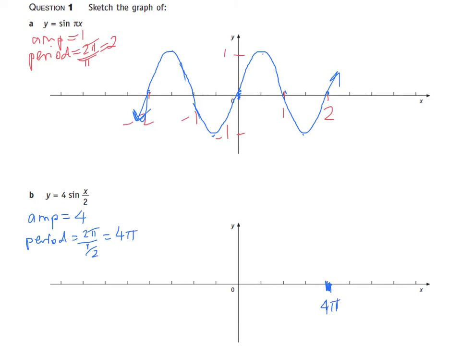That'll be our one period. Halfway will be 2 pi. Half of that will be 1 pi. So 1 pi, 2 pi, 3 pi. Easy way to work out our markings there. That's -2 pi, and then this one here would be -4 pi. Our amplitude is 4, so we'll make that worth 4. And down here, same distance, -4.